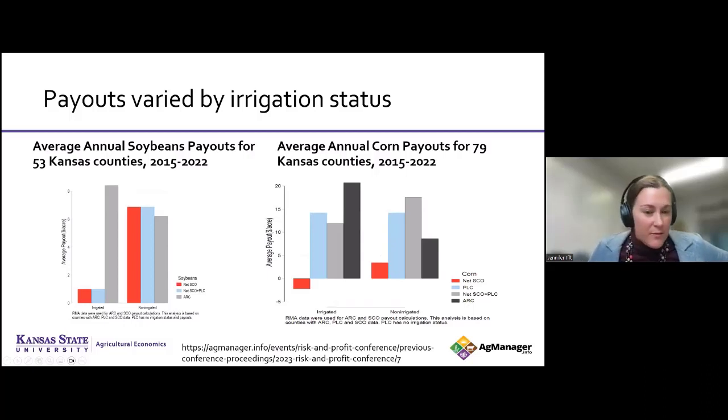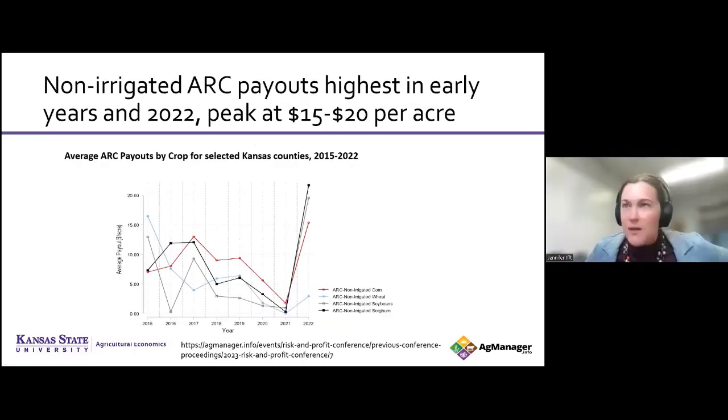I think these are most interesting if you look at them over time. Here are our average ARC payments for those groups of counties with separate ARC yields reported. You can see that payments were highest in the beginning, when those guarantees were pretty high, with high benchmark revenue and high benchmark prices coming into 2015.